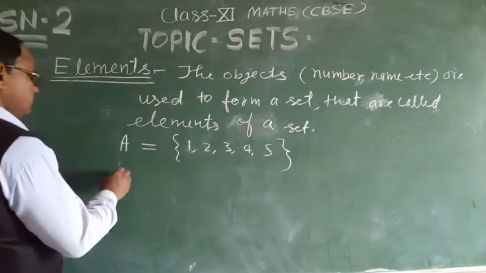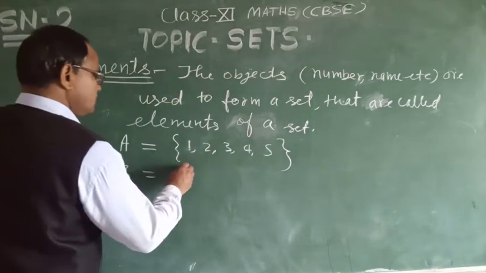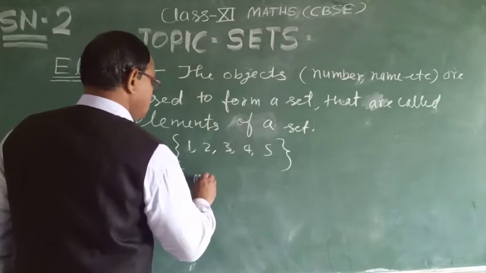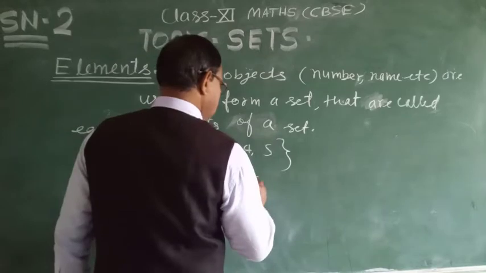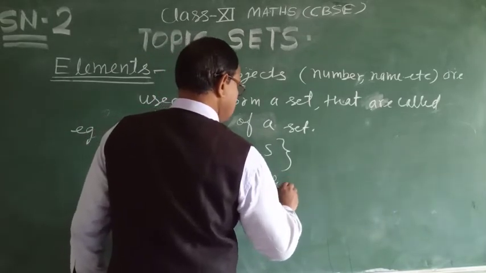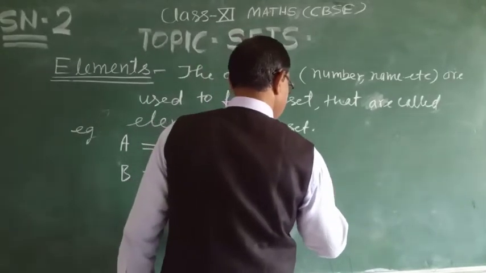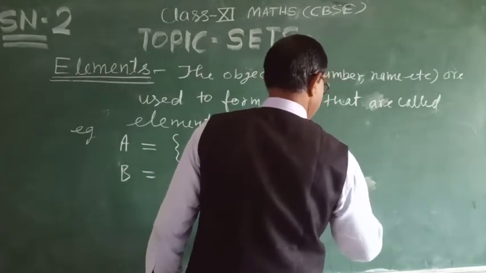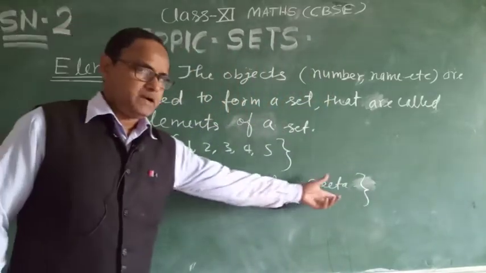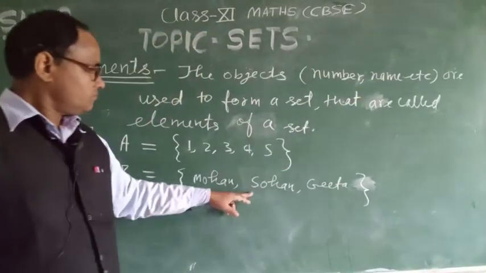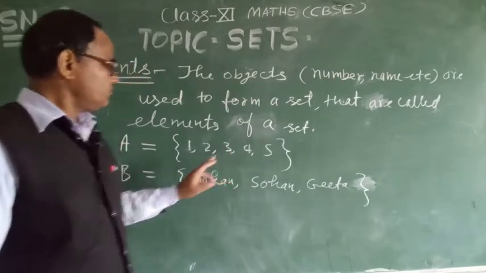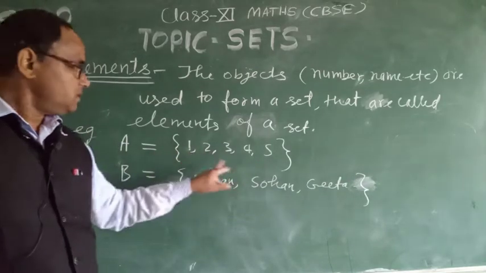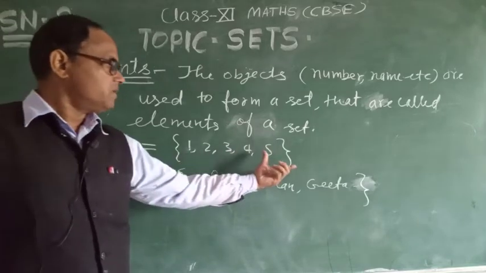And it may be names, as in this example, let the set be Mohan, Sohan, Geeta, etc. Any name or any number can be an element. We separate elements by commas under the middle bracket. Okay?